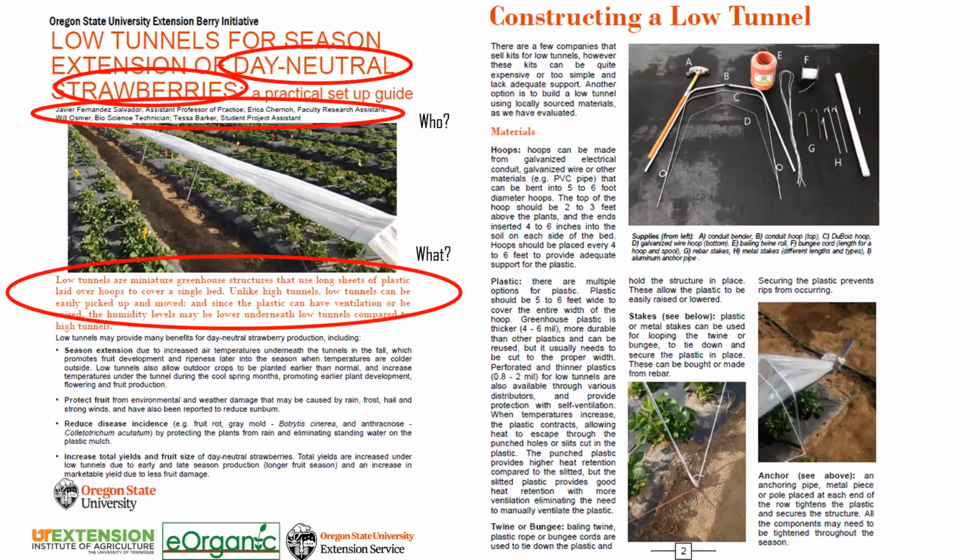Then what. A very important part here is to explain what a low tunnel is. There are not a lot of people that are completely familiar with how a low tunnel operates. This is not something that is used on the West Coast at all.